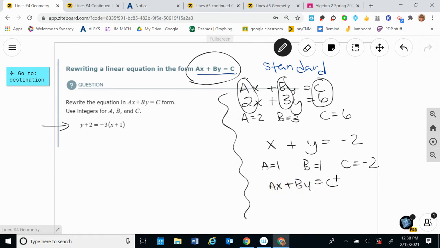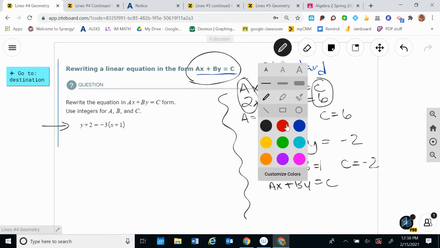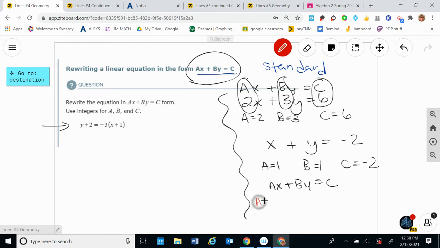Okay, but there's a couple little important tips here. First of all, A and B can't be fractions. We always put them in whole numbers, or integers. And usually, I've seen it done both ways, but usually A is positive.